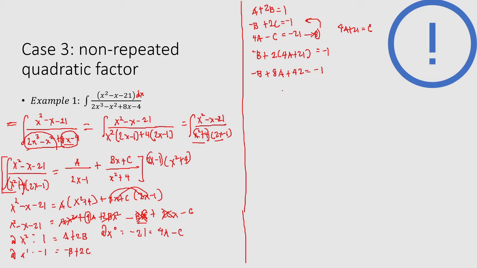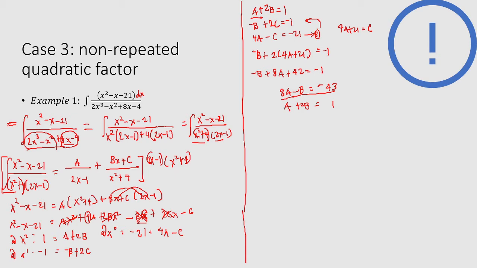So we can get another equation, which is 8A minus B equals negative 43. Let's use this equation and equation 1, which involve A and B. A plus 2B is equal to 1. Let's use the elimination method here.